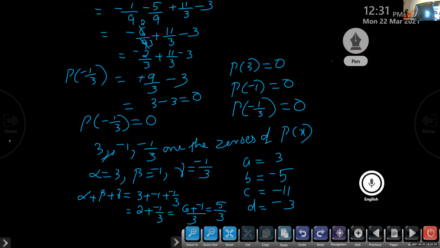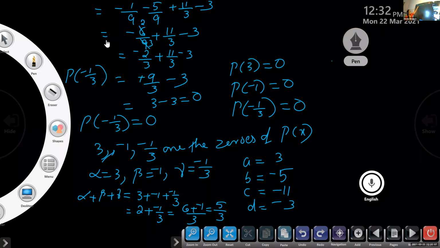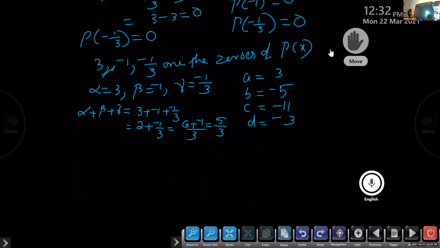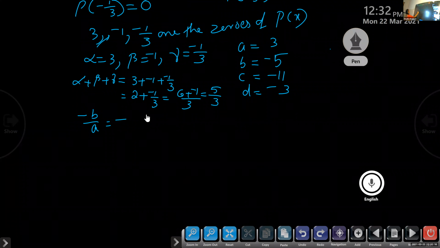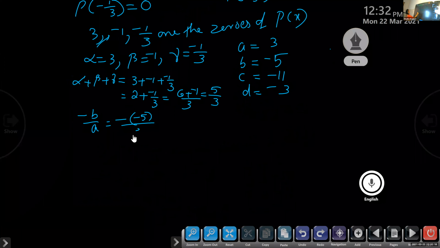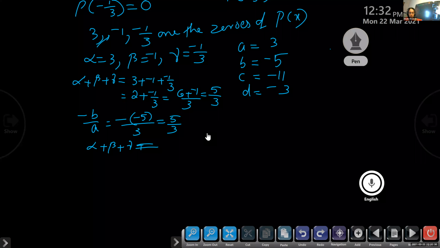Now find minus b by a. Minus b by a equal to minus, b is -5, a is 3. That also is 5/3. So the first relation is verified: alpha plus beta plus gamma equal to minus b by a.